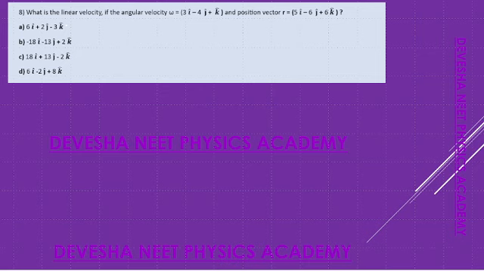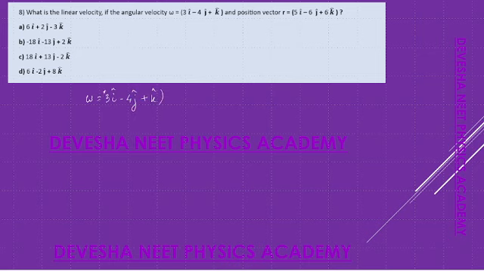What is the linear velocity if the angular velocity is given to me? Angular velocity is 3i minus 4j plus k.